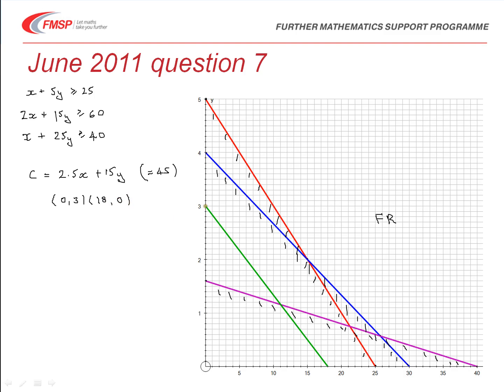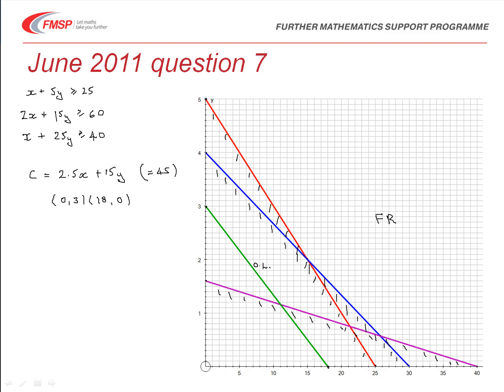And plotting those 2 points will give us that green line as being our objective line. And so we could label that OL for the objective line. And that's the thing we're trying to minimise.